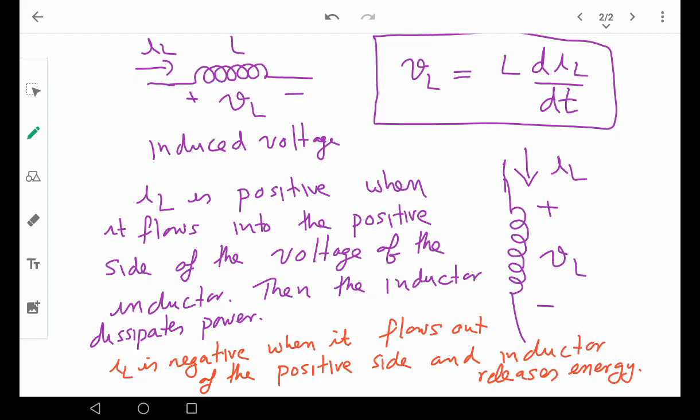So current is positive when it flows into the positive side of the voltage of the inductor, as shown in the figure. If the current is flowing out from the positive terminal, the current is negative and the inductor is releasing energy.